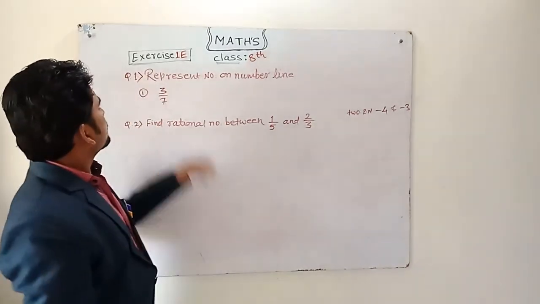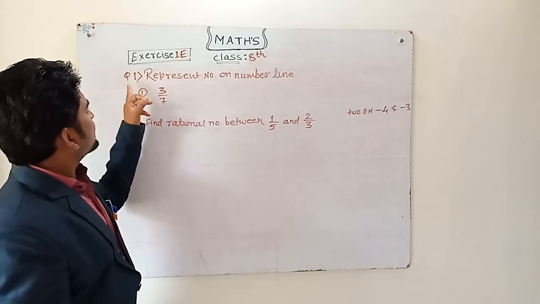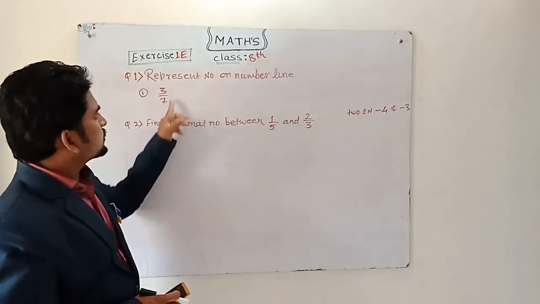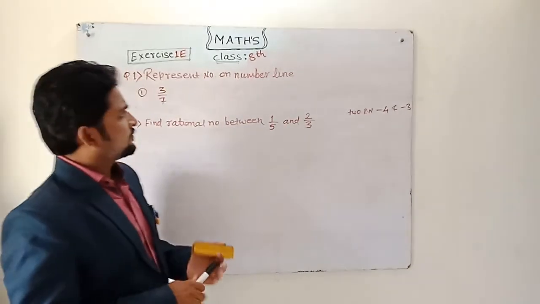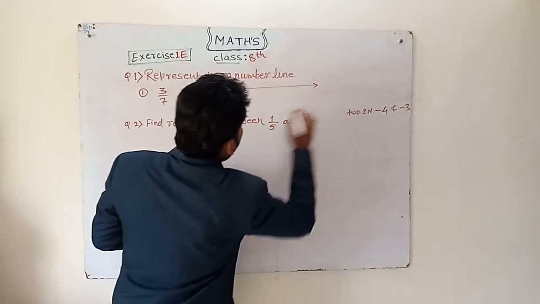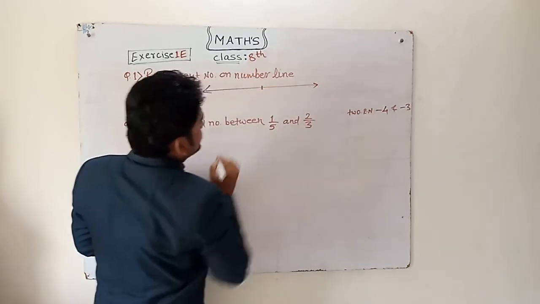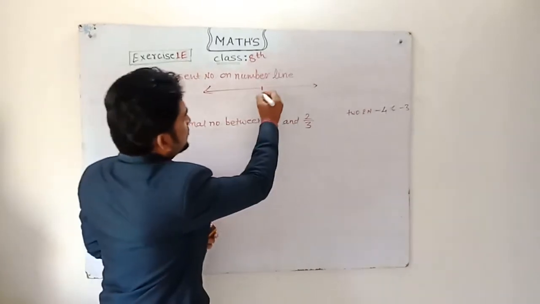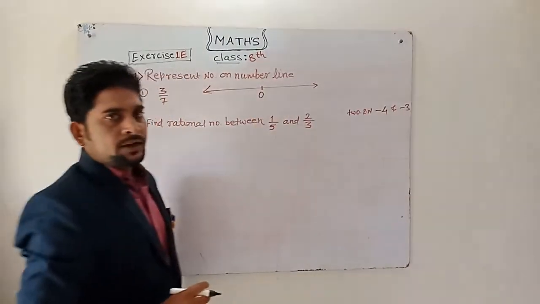So in this exercise, question number one: represent the numbers on the number line. We have to show these numbers on the number line, right? So everybody should first know what a number line is and how it is represented. In between, 0 will come.